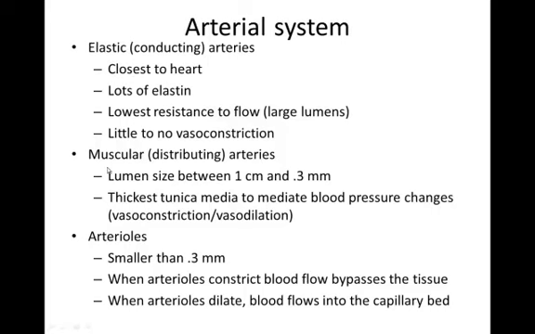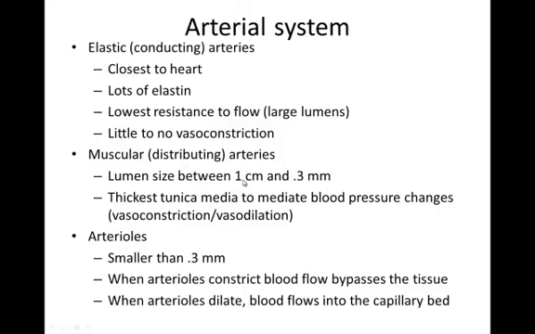Most of the arteries that we have are called muscular and distributing arteries. When you learn the arteries in this chapter, most of the arteries that you learn in the body are classified as muscular or distributing arteries. We call them the muscular arteries because these are the ones that do the vasoconstriction to control blood pressure or dilation, and they distribute the blood throughout the body.